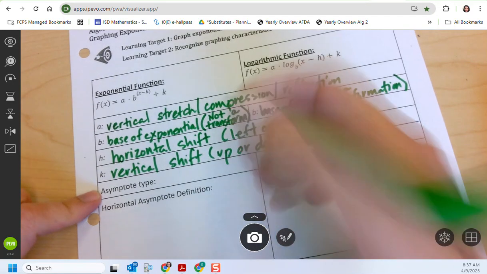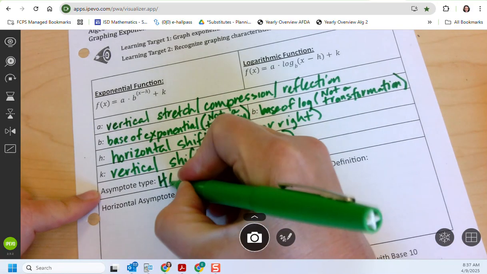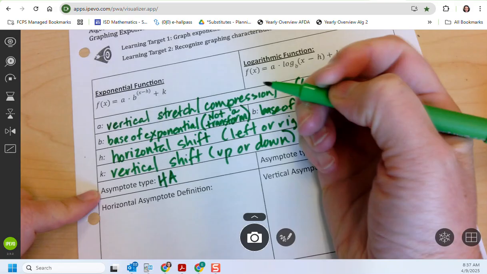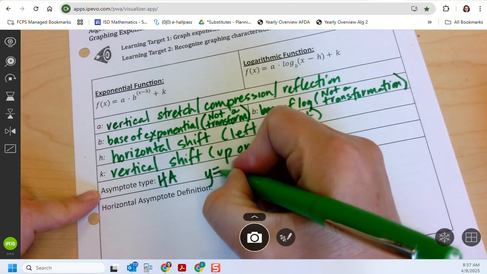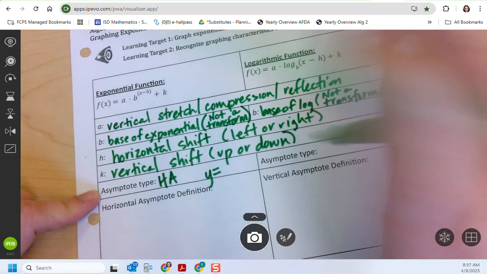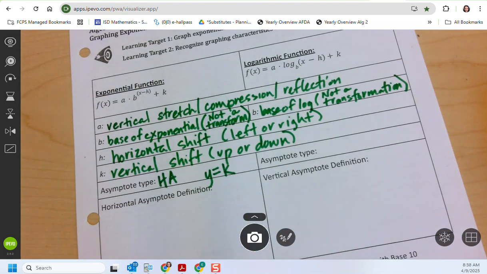So the asymptote type is horizontal. I'm going to write HA for horizontal asymptote. And the equation of the horizontal asymptote is going to be y equals whatever is your k number, because that k number is shifting you up and down. So if it started at 0 and you shift up 5, then that's where your asymptote is.